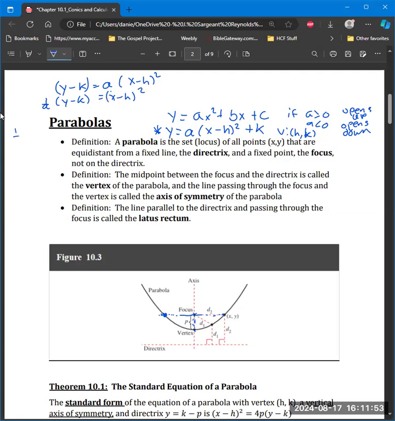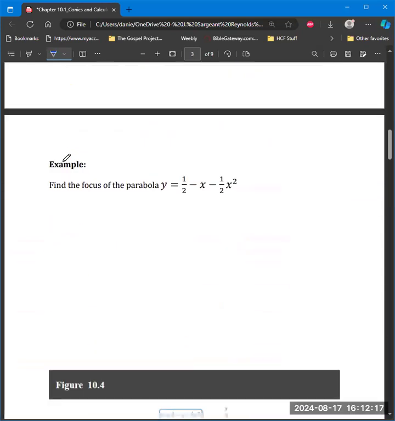So 1 over a is 4p, and a is 1 over 4p. That's the relationship between those two forms, just so that you understand what's going on there.